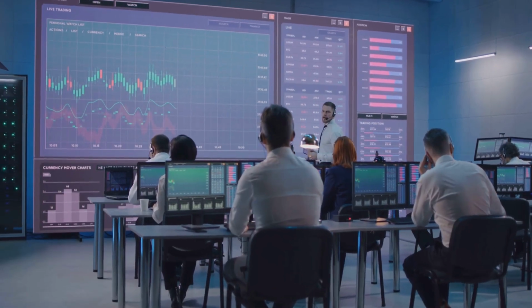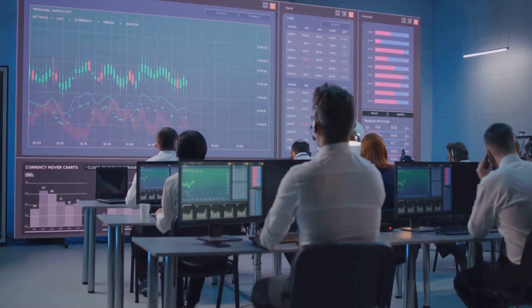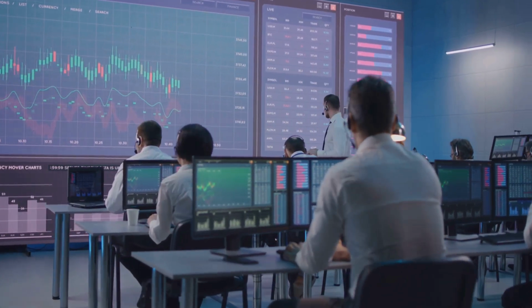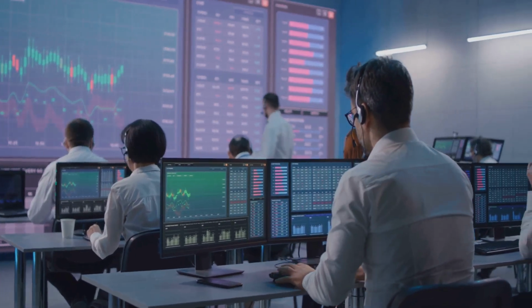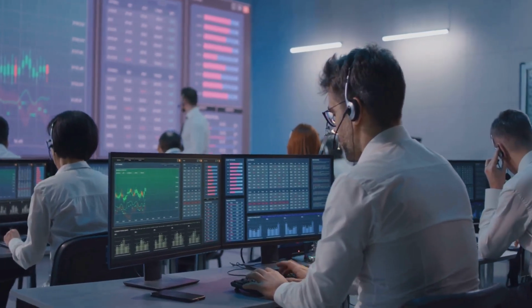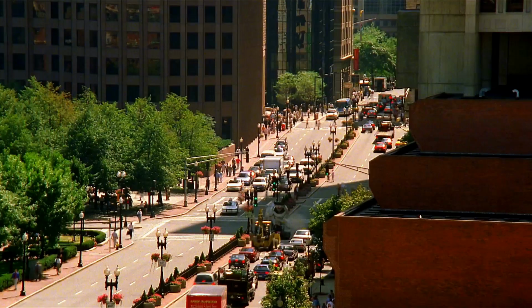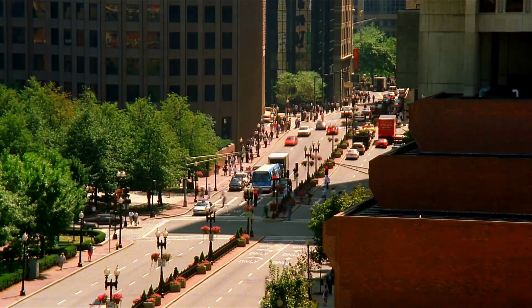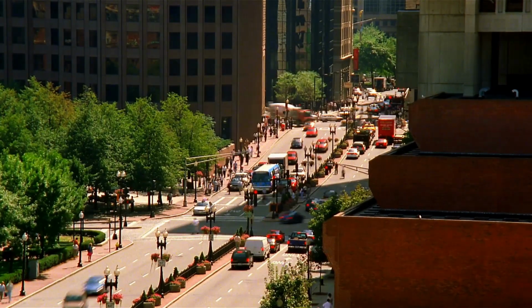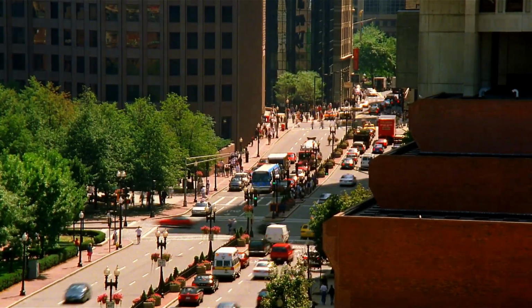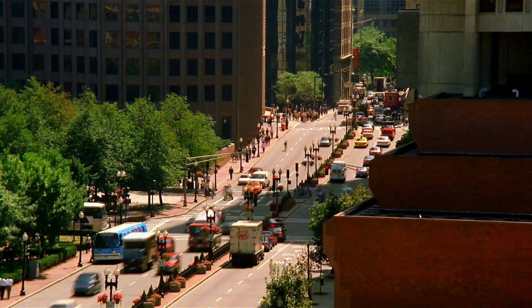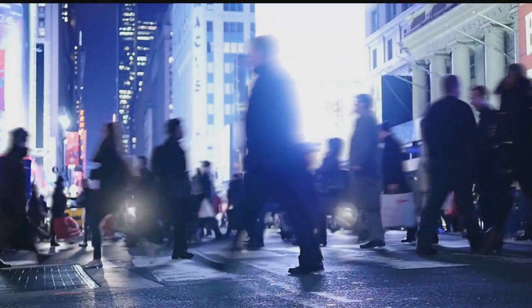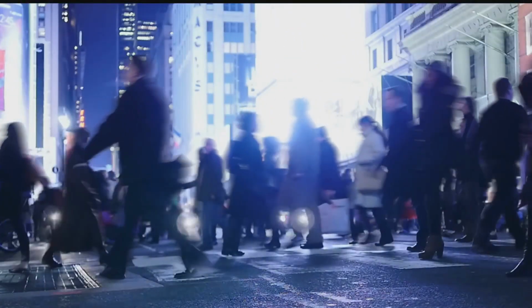Now think about trading volume. High liquidity often translates to high trading volume. Why? Because the easier it is to buy and sell an asset without affecting its price, the more trades will likely take place. But it doesn't stop there. Liquidity also plays a pivotal role in market stability. Consider a scenario where a piece of news triggers a sell-off in the market. In a liquid market, the presence of many buyers absorbs the impact, preventing a rapid price decline.